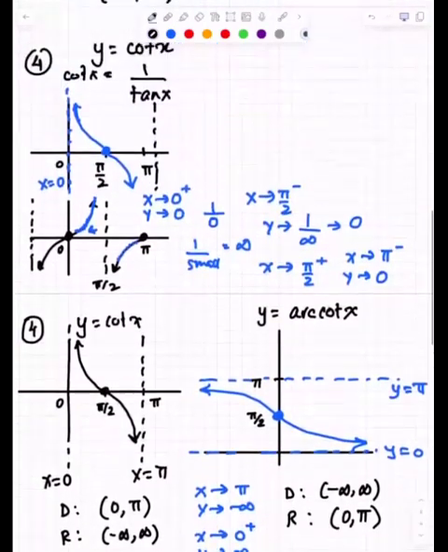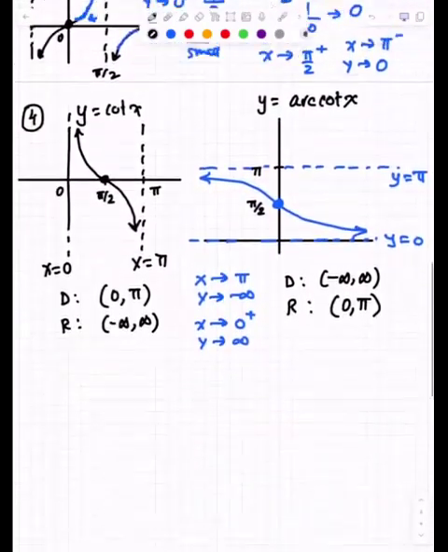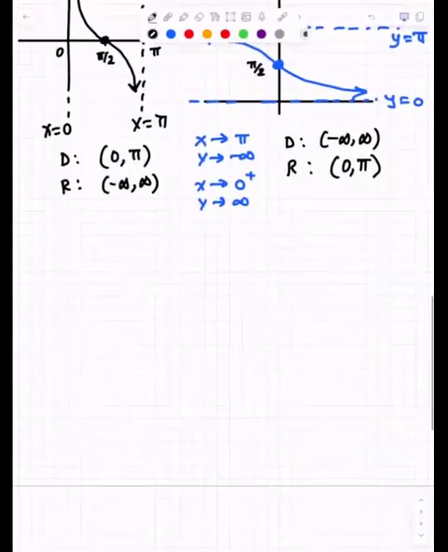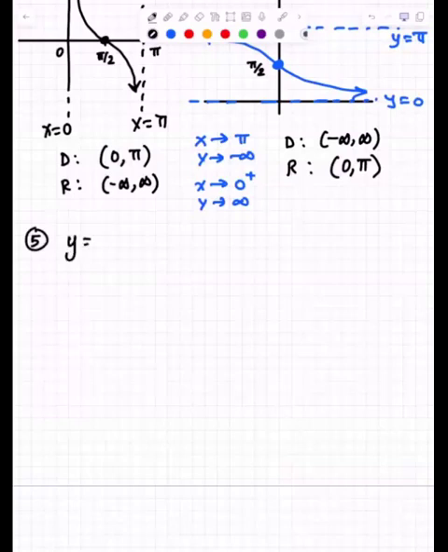Okay, and finally, the last two will be secant and cosecant. So let's remind ourselves again of the graph of cosecant of x. Purposefully I'm going to draw it in the interval. Remember that cosecant is the reciprocal of sine.